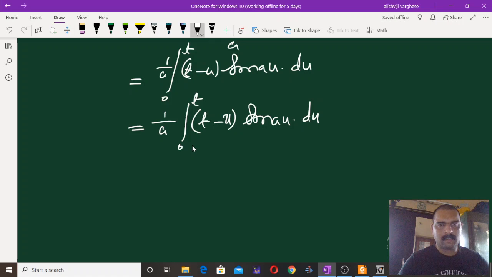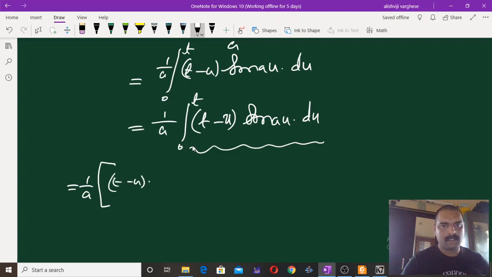This integral can be evaluated using integration by parts, which gives 1 by a into first function into integral of second, that is sine au.